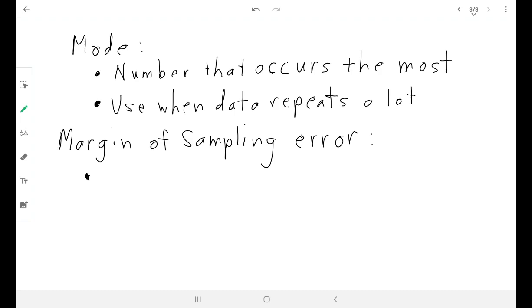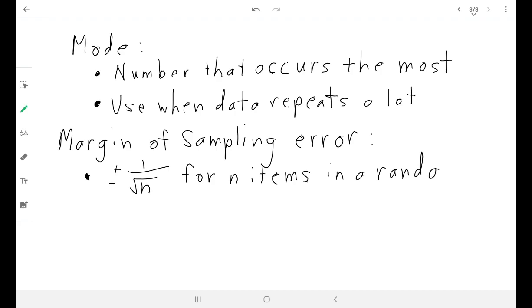And to calculate it, you do plus or minus 1 over the square root of n for n items in a random sample. And I talked about it being very important that things are random in the last section. It's still important here.